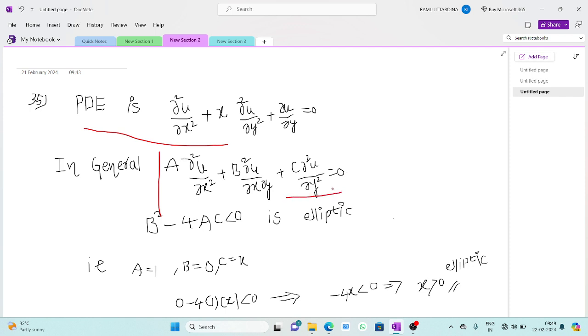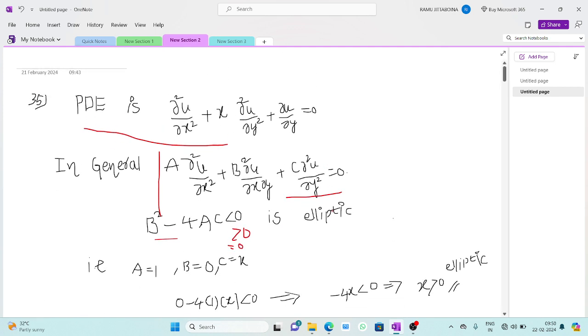This is the general form of the PDE. So when b² − 4ac is less than 0, it is elliptic; when b² − 4ac is greater than 0, it is hyperbolic; and when b² − 4ac is equal to 0, we can say that it is parabolic.